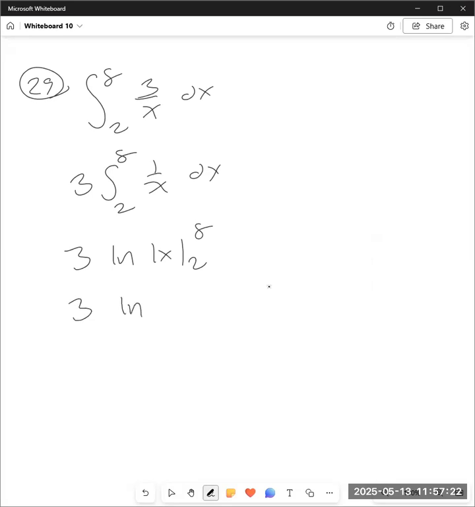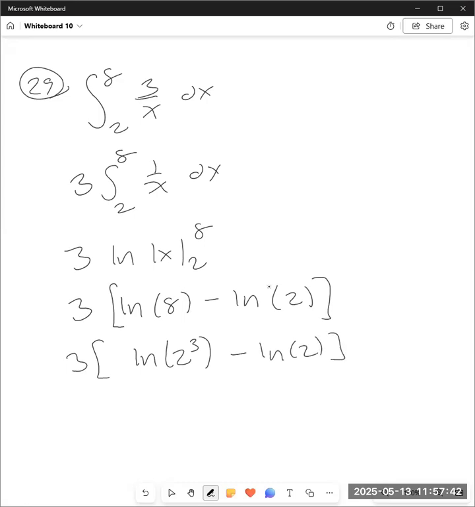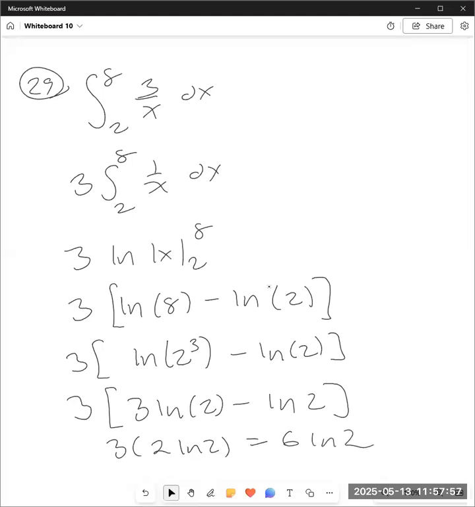It's 3 times ln of 8 minus ln of 2. 8 is a power of 2, so that is ln of 2 to the 3rd. That's 3 times 3 ln of 2 minus ln of 2, which is 3 times 2 ln of 2, which is 6 ln of 2.